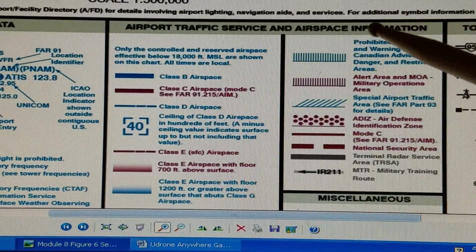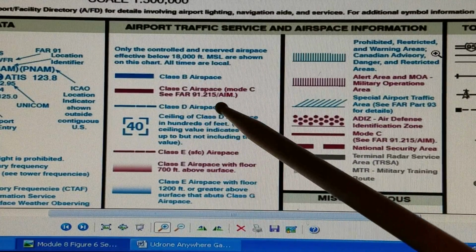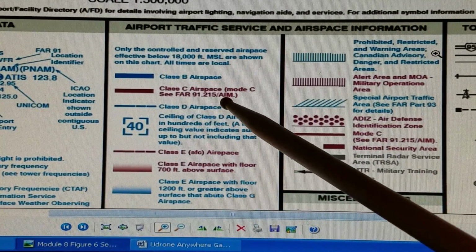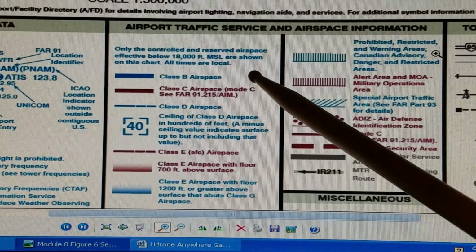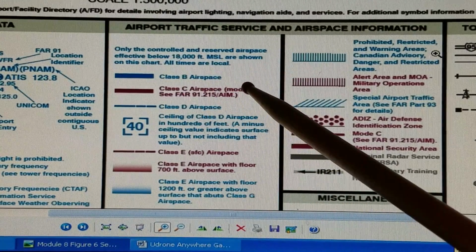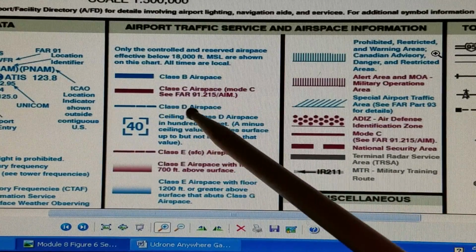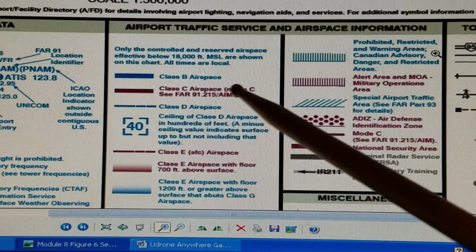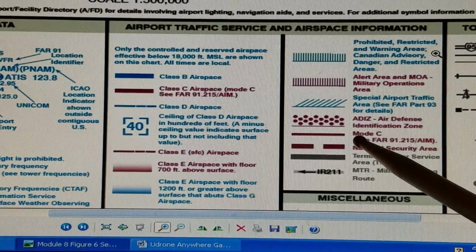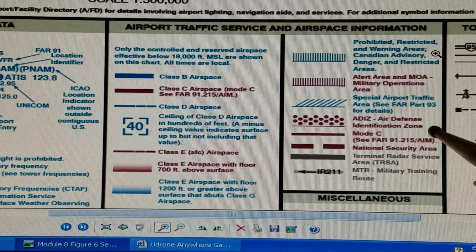FAR, as you know, is Federal Aviation Regulations, and AIM is the Aeronautical Information Manual. Even for Mode C, you get the same marking. Here also it shows Mode C, FAR 91.215, AIM.